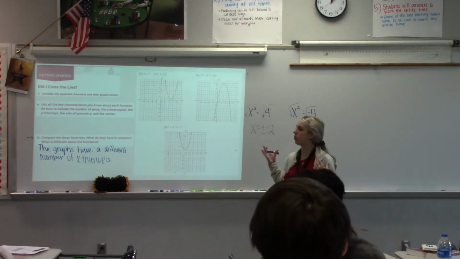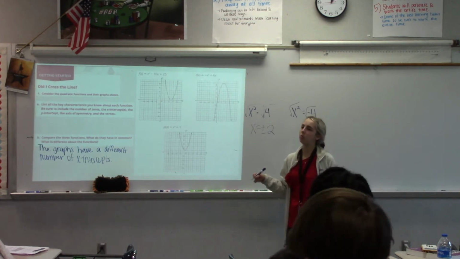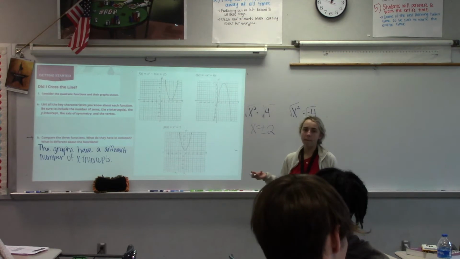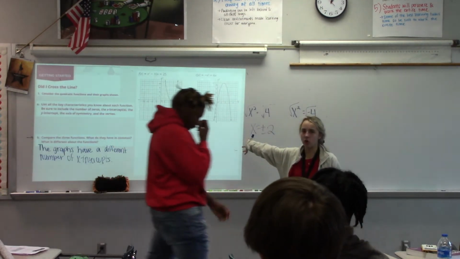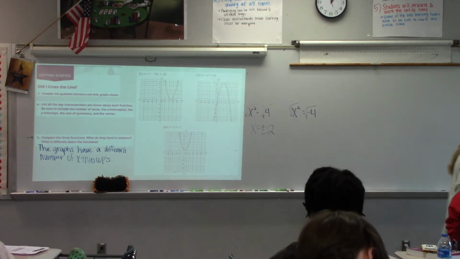So remember, we wanted to identify those x-intercepts working in the real number system to know what our solutions are. But if we have imaginary solutions, can I look at this graph and tell what they are? Okay, keep that in mind.